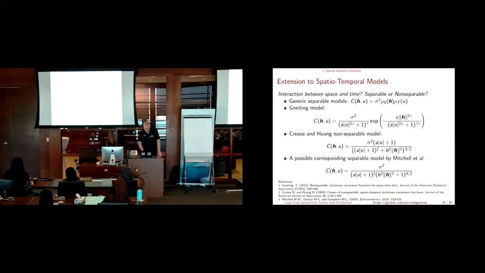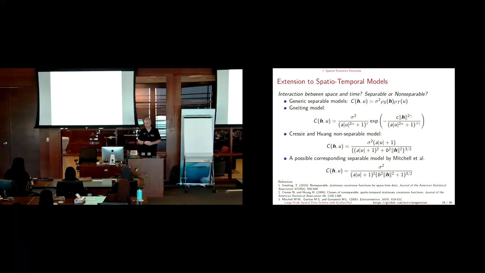But there are also parameters. For example, if this parameter beta is set to 0, this disappears and becomes 1, and then you have separated the space from the time. So the separable model is a particular case of that non-separable model.